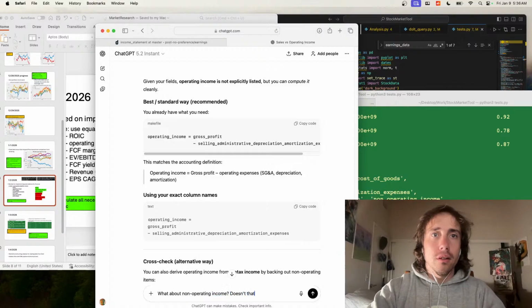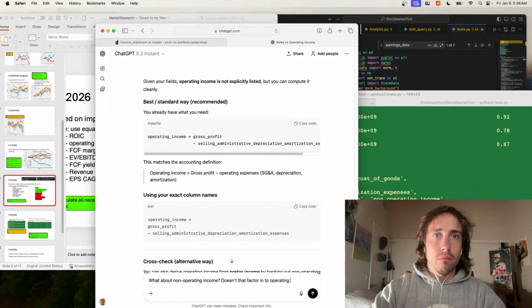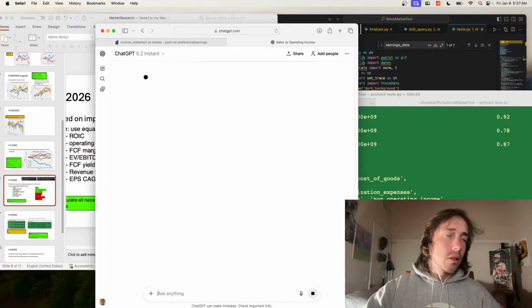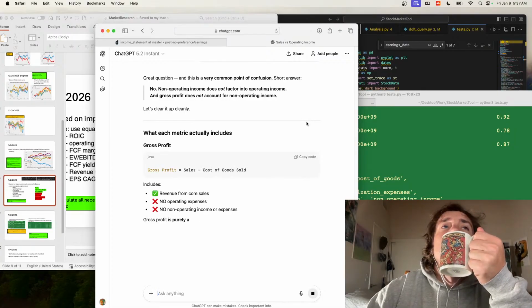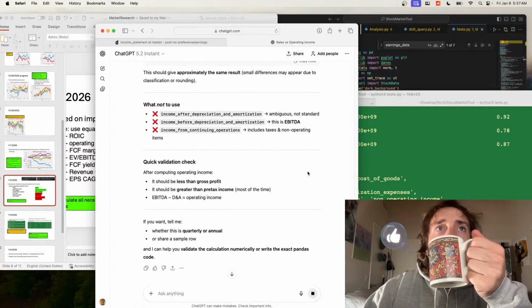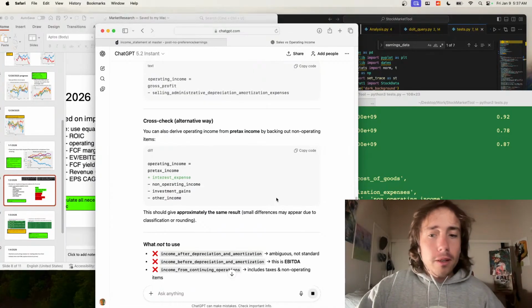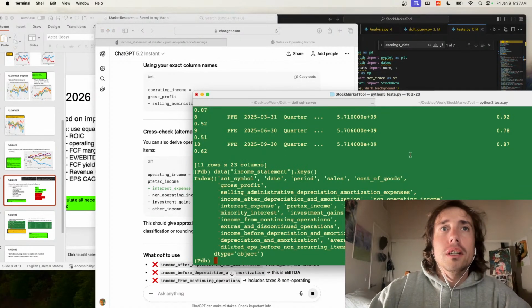Doesn't that factor in to operating income? Gross profit should account for both. Okay, good. I'm just trusting ChatGPT here. I don't know any of this stuff. Okay.